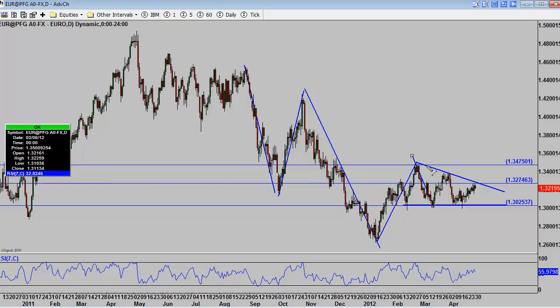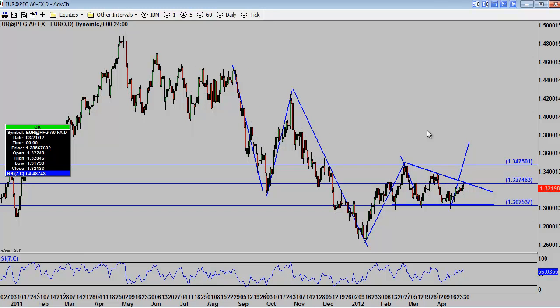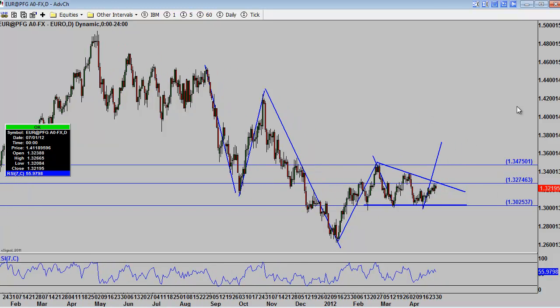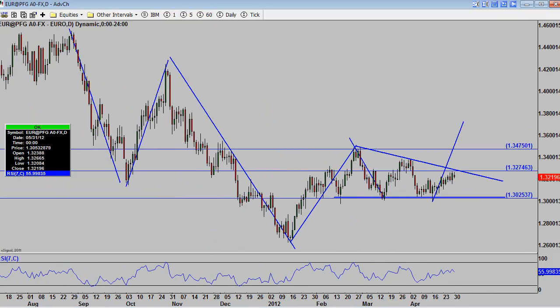Okay, so if we break out, we should break to the downside because of trend continuation, right? But if for some reason the market breaks up and we break above this level right here, that's going to signal a major shift in trend direction, and we're actually probably going to put in a bat pattern. If my eye does not deceive me, I haven't actually looked at this.